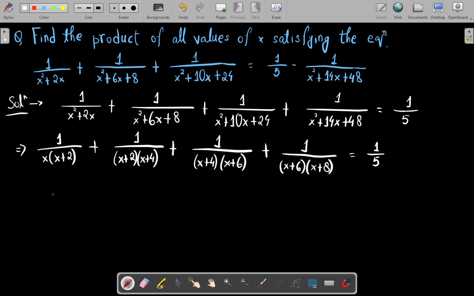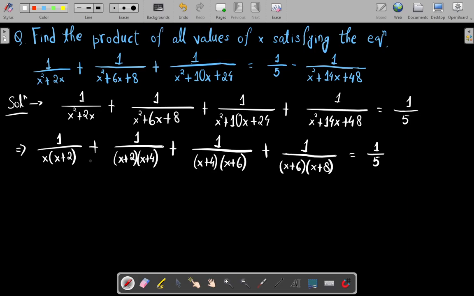Okay, so if we look carefully at the denominators, we see this is x times x plus 2. The next fraction has x plus 2 times x plus 4, so 2 is added in each of these individual pairs in the product. We have x, then x plus 2, then x plus 2 and x plus 4, then the next pair has x plus 4 and x plus 6, after that x plus 6 times x plus 8.